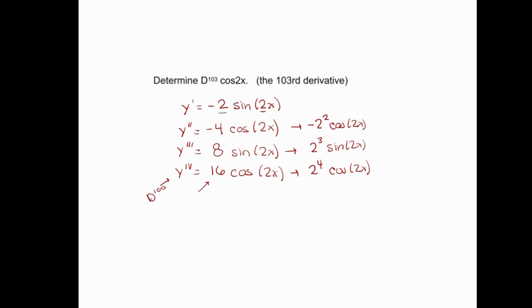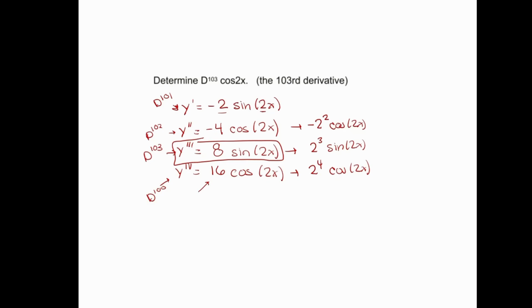So if we go back up to the top, this would be D101. We have D102. And here we have D103. So our winner for the 103rd derivative is this pattern. Sorry, there is a little bit more to it.